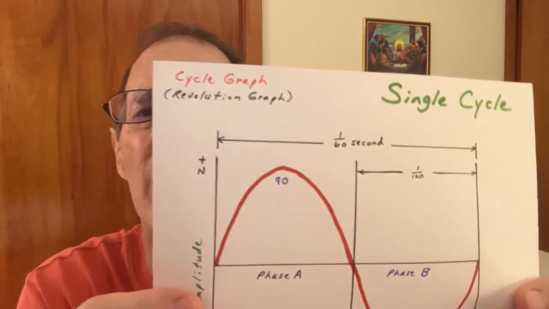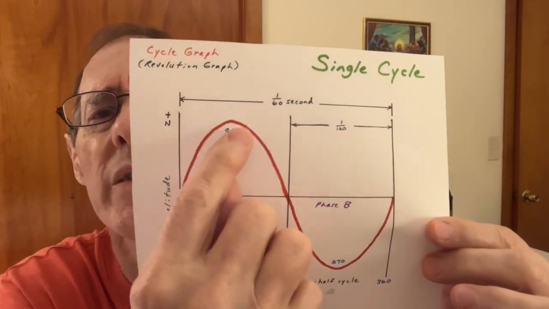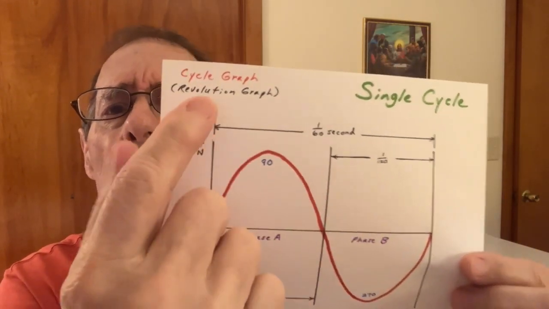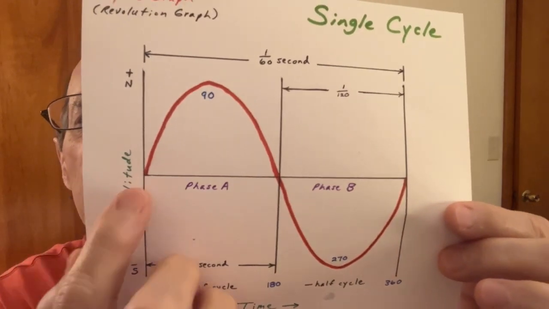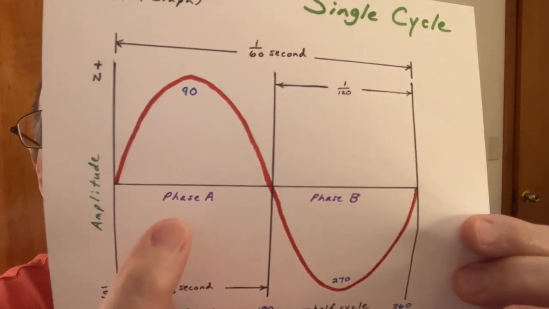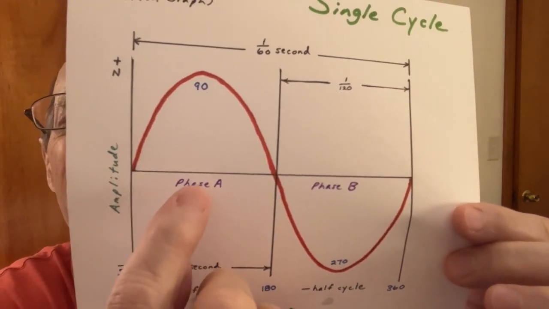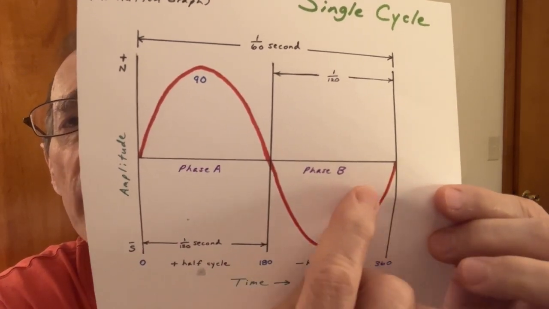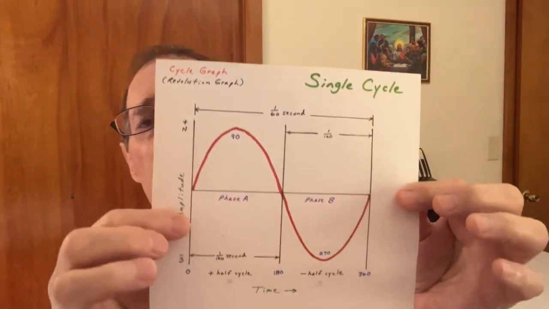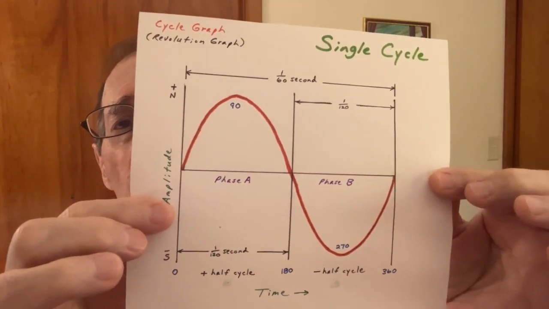So you see here, you have one cycle on your cycle graph. This is not that complicated, but within each cycle, you have two phases. You have phase A, current goes this way, and phase B, current goes that way. This is theoretical. This graph is showing simply that current flows one way and then the other.